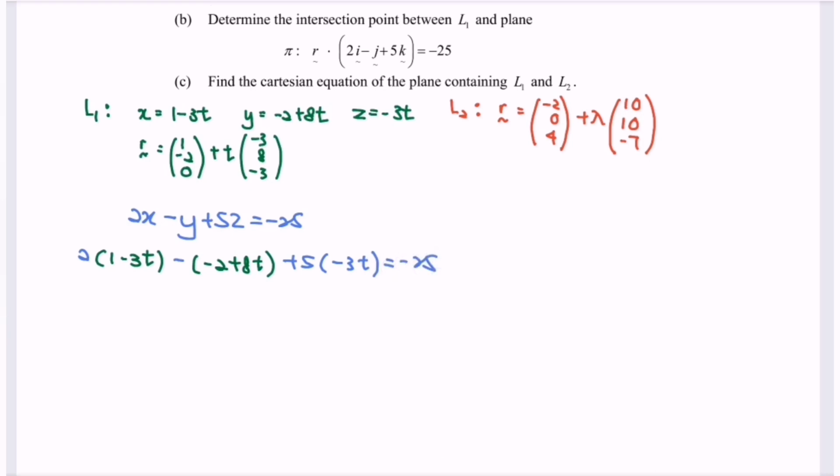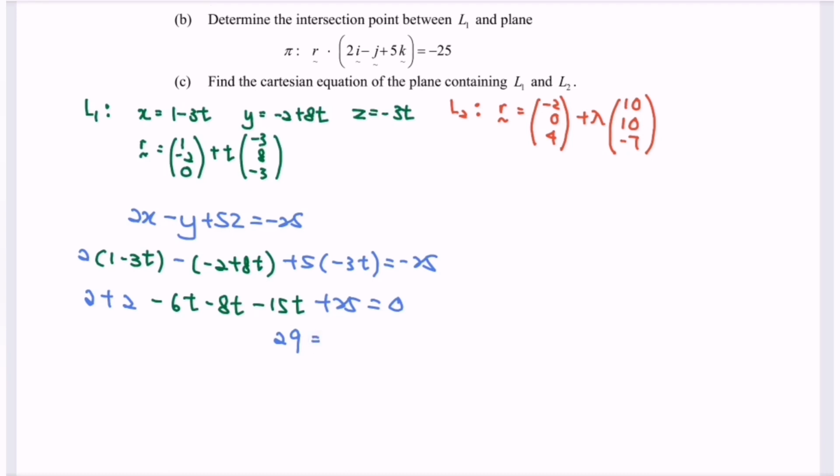Kindly expand and then rearrange. Here we have 2, then positive 2, then negative 6t, negative 8t, negative 15t, plus 25 equals 0.